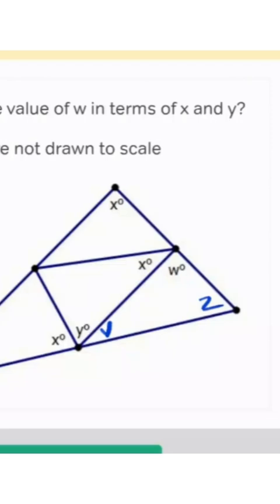Now the next question. This is a triangle and we're looking for W. We know that V, Z and W are not given, but V plus Z plus W equals 180.